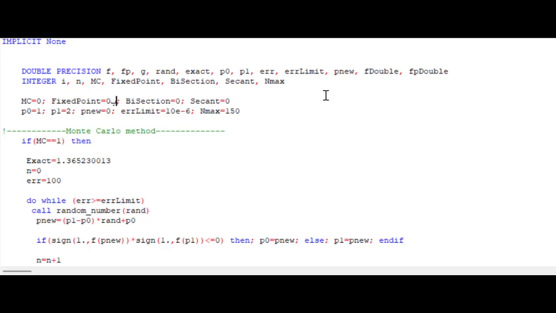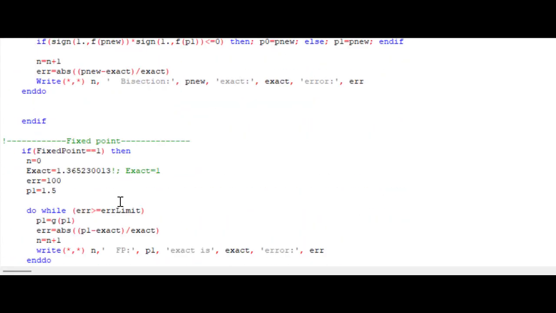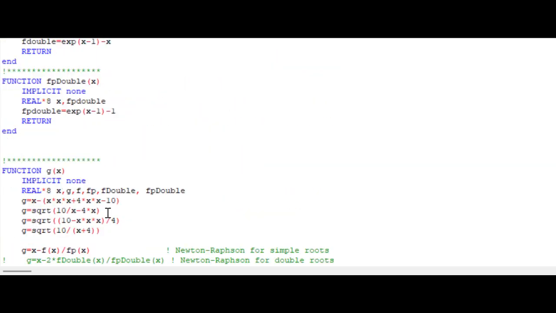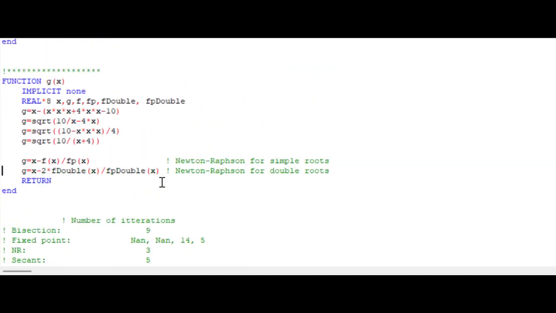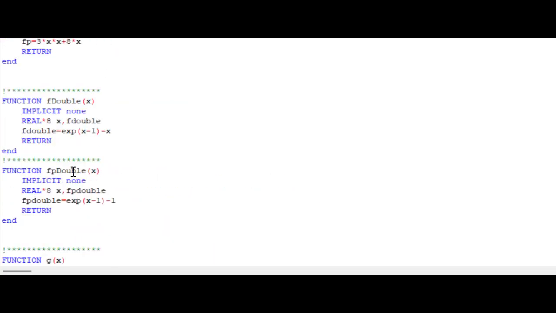for a function which has a double root. It means that the value of the function itself and its derivative are both 0 at the root. So here I will use this one, which is f double. F double is a new function like this, p of x minus 1 minus x.